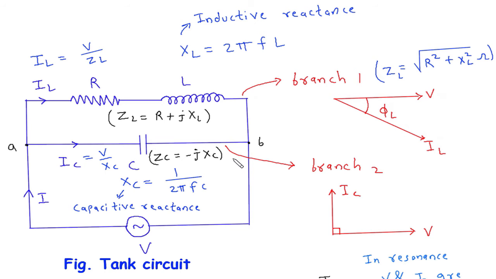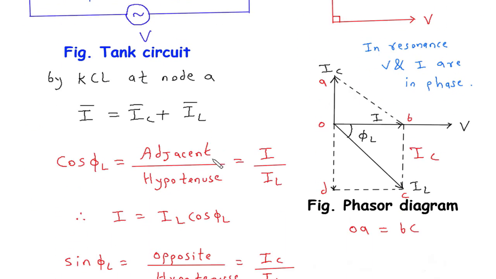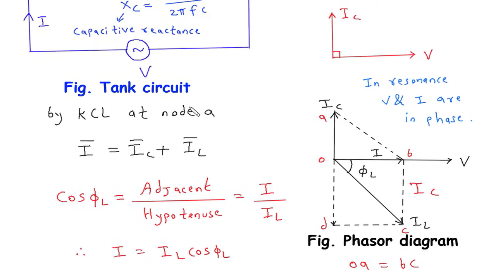And branch 2 contains a capacitor, so current will lead by 90 degrees. So here we can see voltage as a reference, and current IC will lead V by 90 degrees. Then by KCL at node 1.